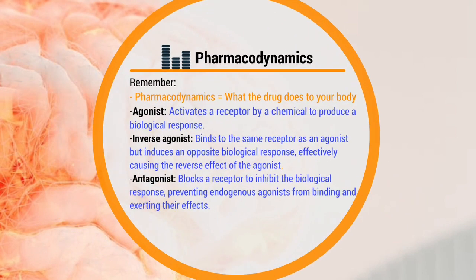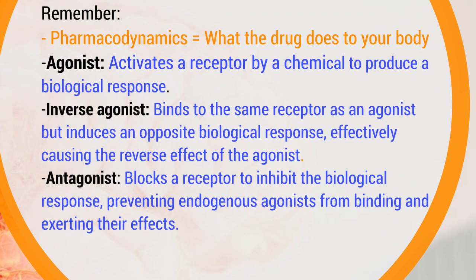Now, going on. Pharmacodynamics is what the drug does to your body, and we covered agonism, which activates a biological response. Partial agonism activates some but not full. Inverse agonism is the same thing as an agonist, but with a reverse, opposite biological response.